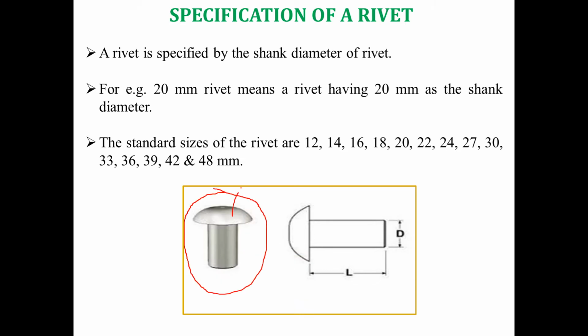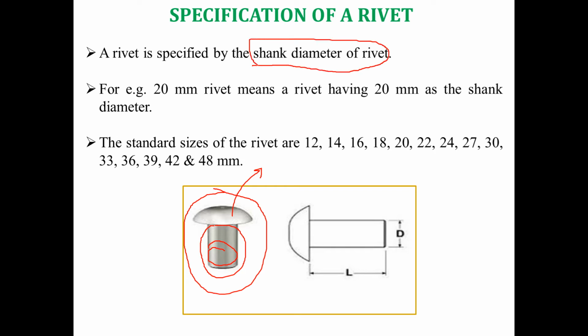In this rivet, this portion is called the head of the rivet, and this portion is called the shank of the rivet. It is very much clear that the shank is cylindrical in shape, so the cross section of the shank will be a circle. So the rivet is specified by the shank diameter of the rivet.